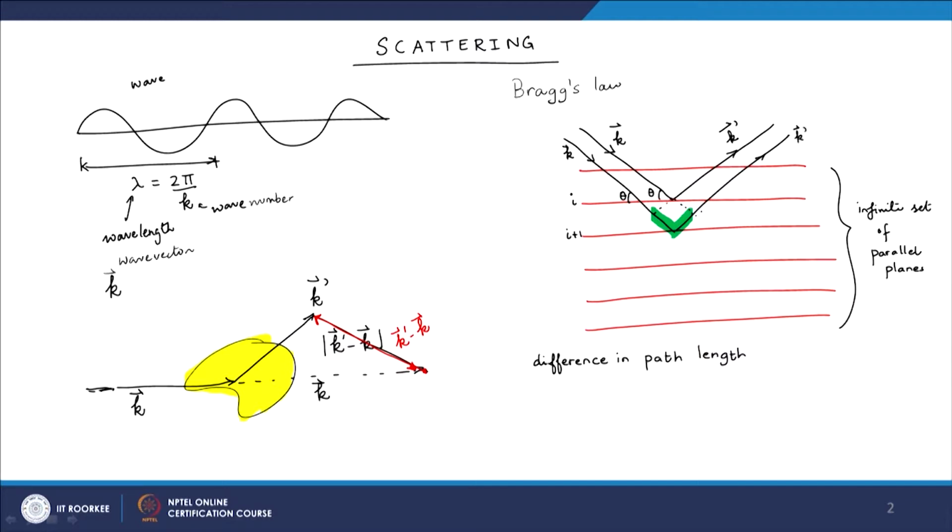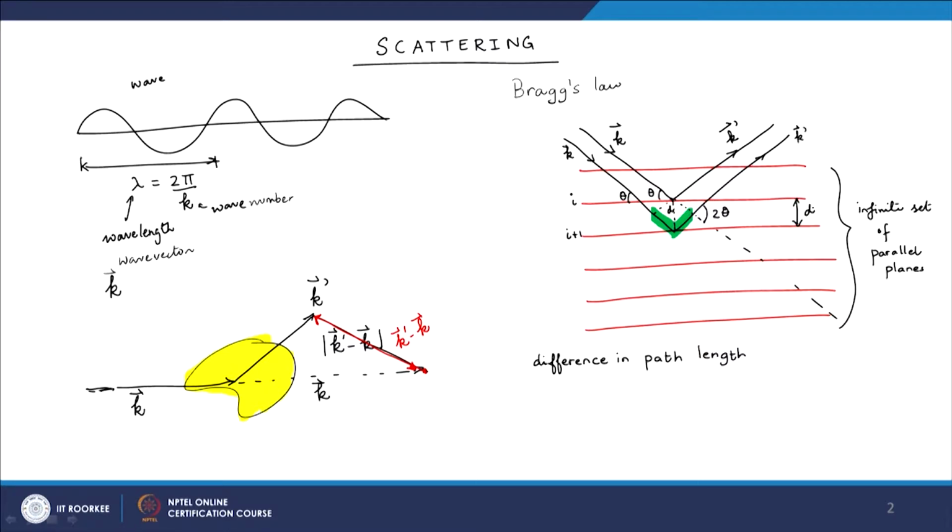So, of course, this light also goes to other planes. So, the net scatter can be something like 2 theta, and this distance can be d, that is the distance between two planes.